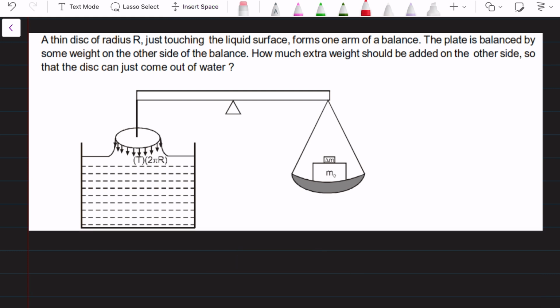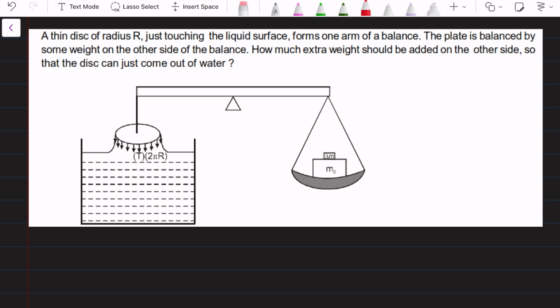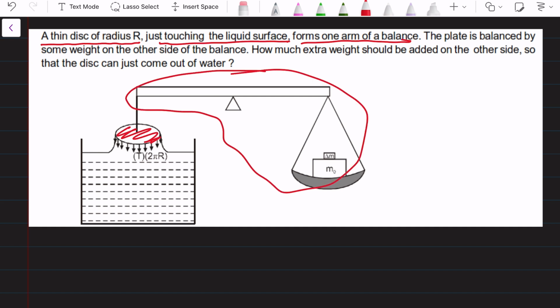This is also a very nice question. First I'll explain the question. A thin disc of radius r, this is the disc of radius r, is just touching the liquid surface. It forms one arm of a beam balance.